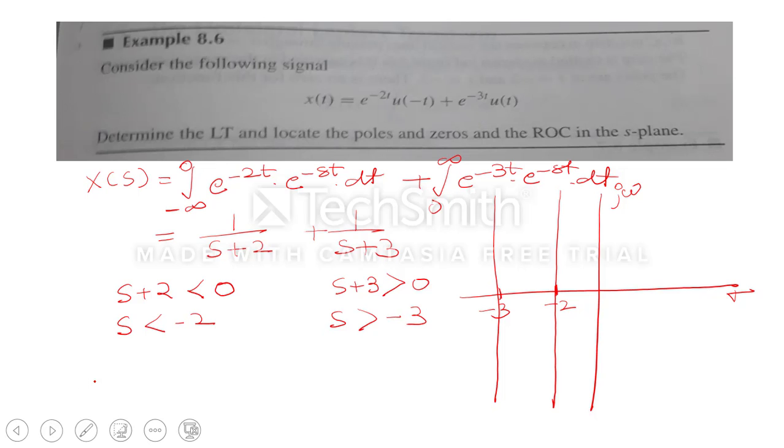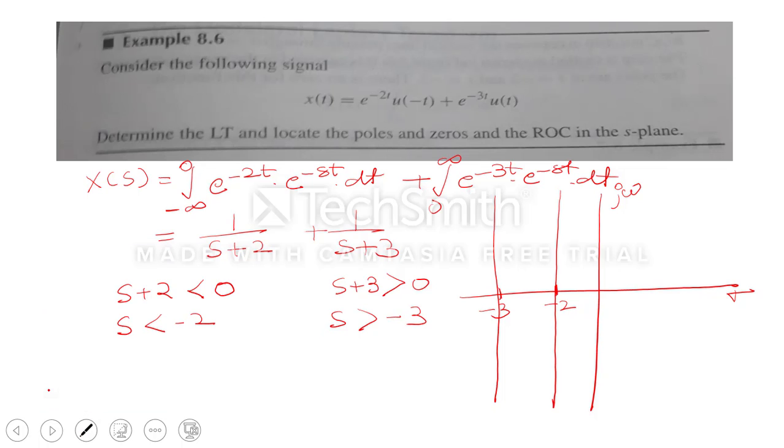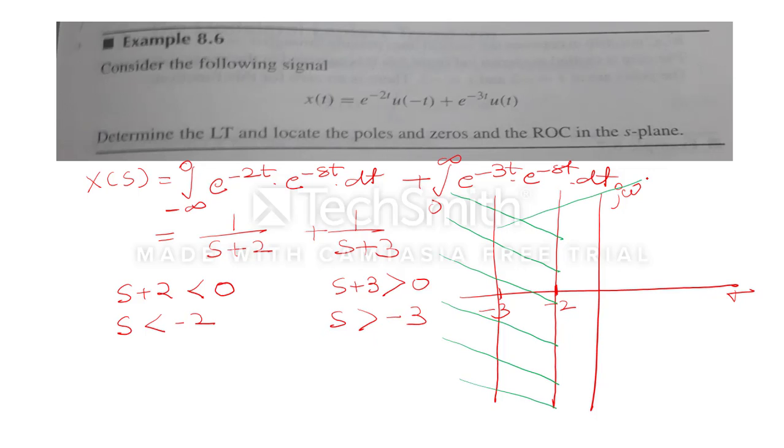So here we will try to find out the ROC. In the first case s is less than minus 2, which means the ROC will be on this side. And in the second case s is greater than minus 3, which means it will be on the right side.